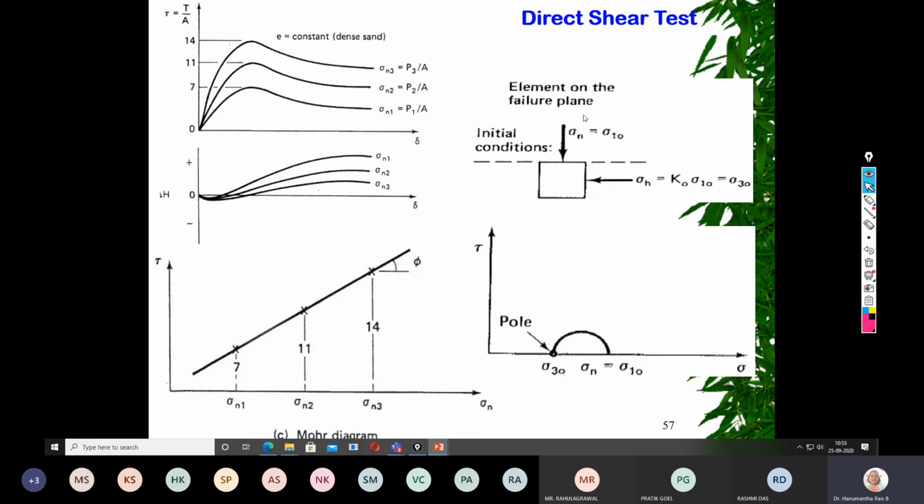And these are the stress conditions: normal stress sigma n and horizontal stress sigma h, which is nothing but K naught into sigma 1. You can convert this into the Mohr circle, that is sigma and tau. Here you are applying only a horizontal line. On the plane of vertical, draw a vertical line and a horizontal line to identify the pole point.